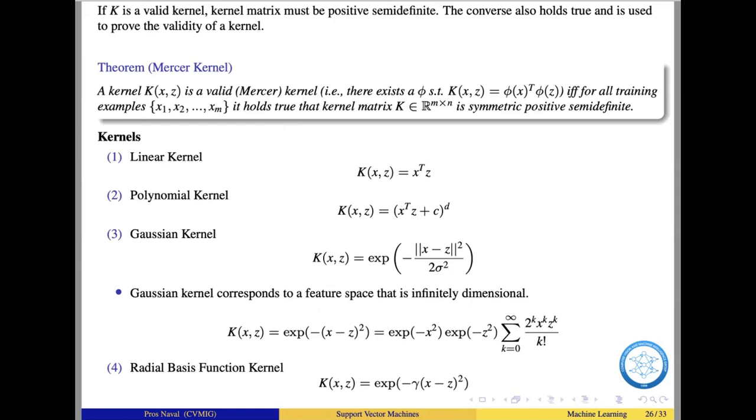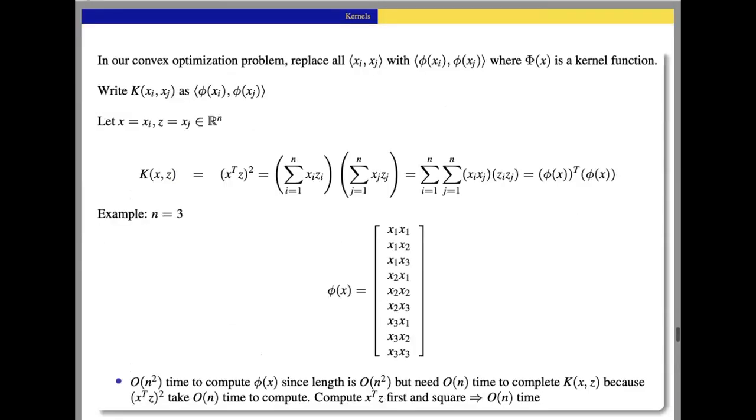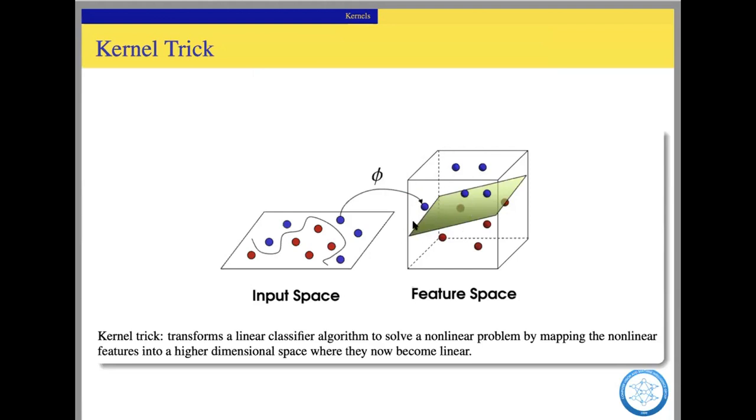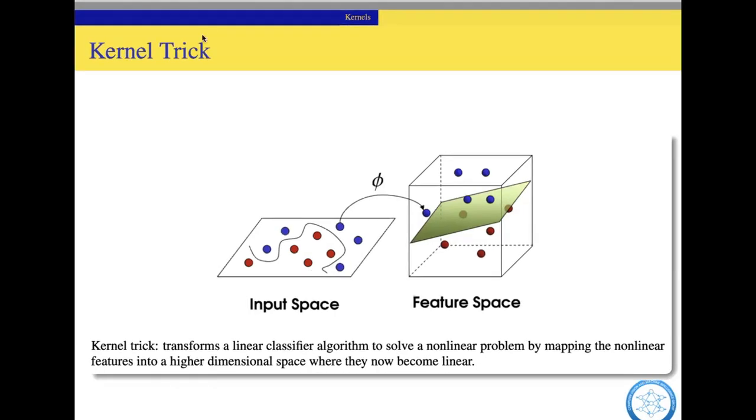In other words, the feature space for the Gaussian kernel is an infinite dimensional Hilbert space, because it's an inner product space. So it's so amazing.